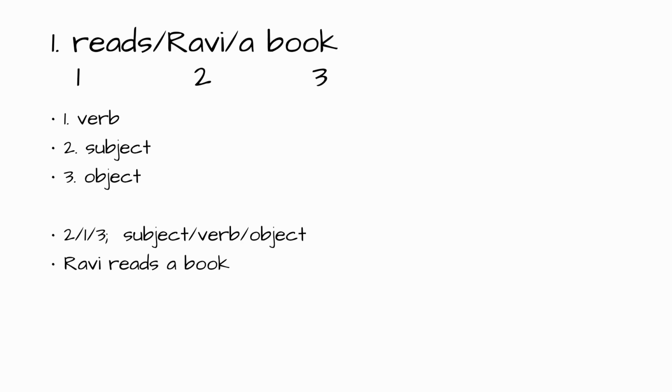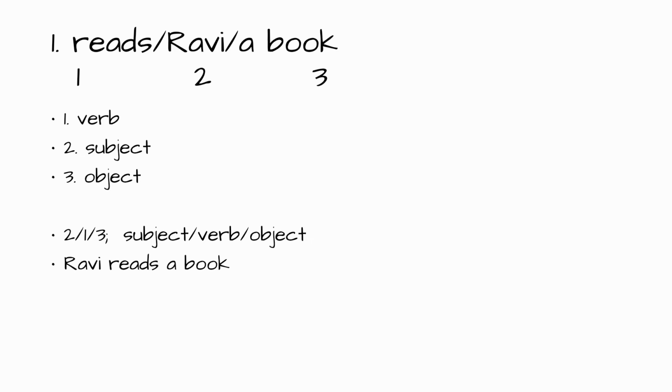Of course, it is a noun, but it is acting as a subject. So the thing you have to do is identify what word might be the subject, what word might be the object, and what is the verb. If you identify these three, then you can arrange them in subject, verb, object order.